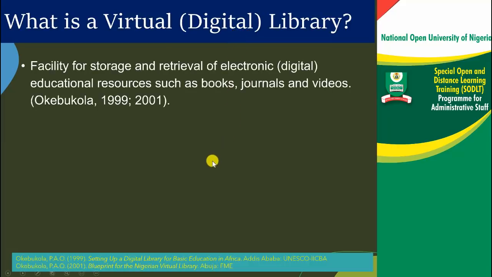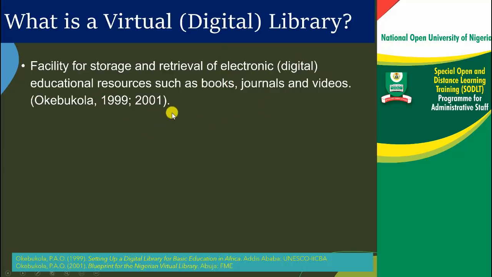In 1999, while serving with UNESCO, I humbly want to say that I was in charge of setting up the regional, that's for Africa, library for the basic sciences. So I defined at that time that a virtual library is a facility for storage and retrieval of electronic resources.